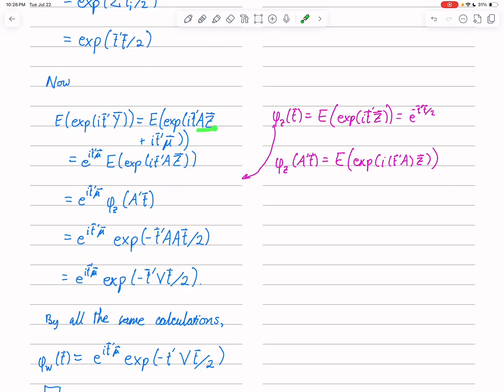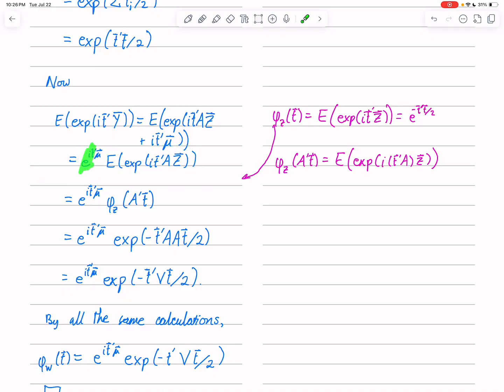Y is Az plus mu, and so if I just multiply in that i times t transpose, then this is what I get. Then when I take the exponential for this sum, I'm going to again use my exponent laws and break it up into a product.